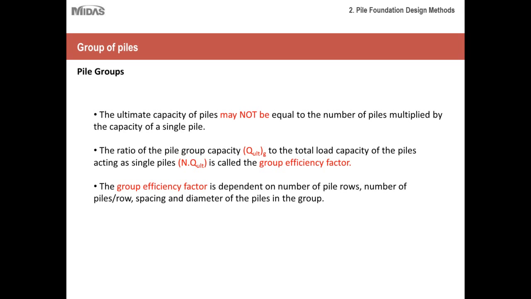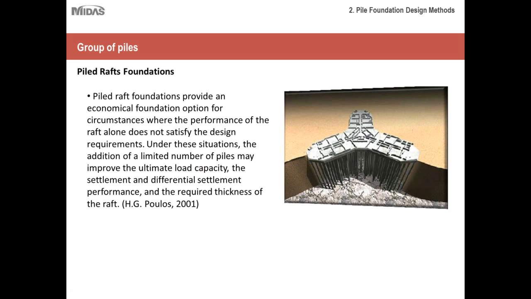But these are pretty significant when you are dealing with realistic problems. And in order to find the optimal solution, like I said in the previous slide, you have to optimize how many piles you need, what the spacing should be, what diameter it should be, what the thickness of the pile cap should be, etc., etc. So it's not as simple and easy as it sounds.